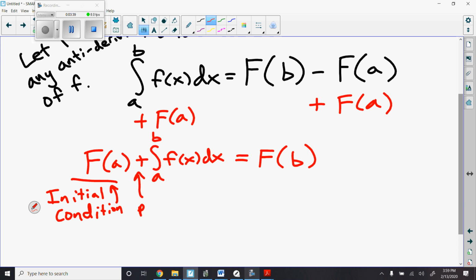This is our integral. This is not the only way that we can solve these types of problems, but it's one way that we can. I'm going to show you both ways today, but oftentimes initial condition plus the integral is the fastest way to solve it. So let me show you what I mean by this.